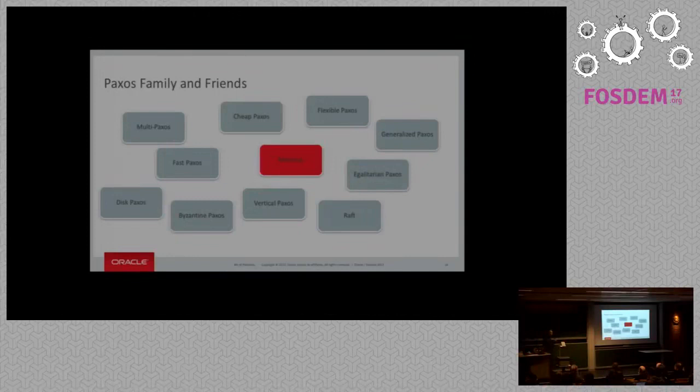So we have decided to use Paxos, but there are a lot of Paxos variations: multi-Paxos, fast Paxos, and others, and we have picked one specific solution. In fact, we started developing our in-house implementation, and then later we came across this paper, or this protocol, called Mencius.